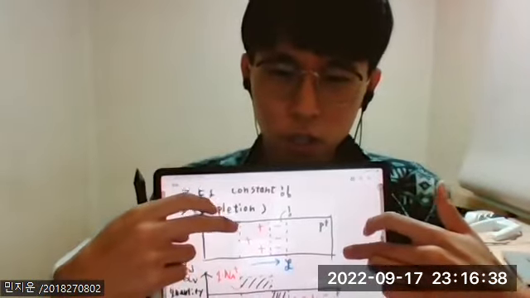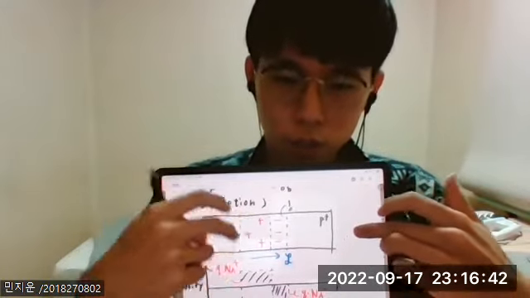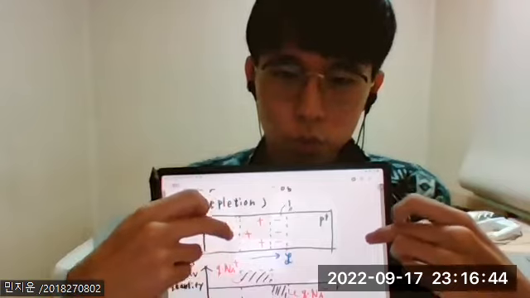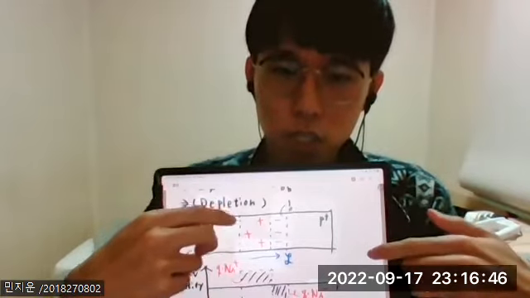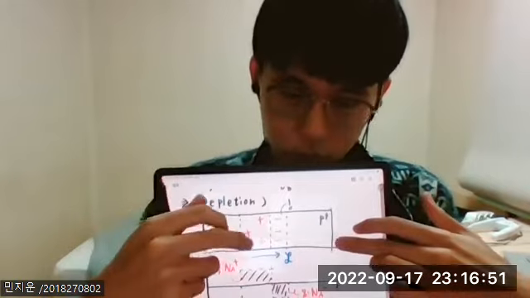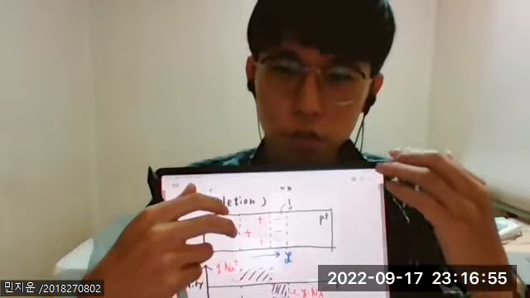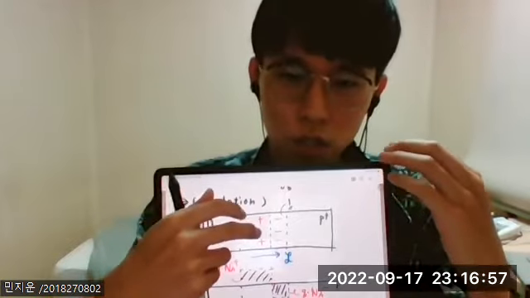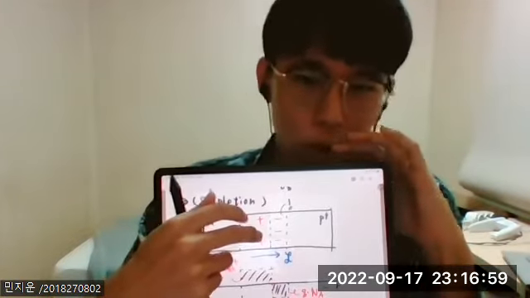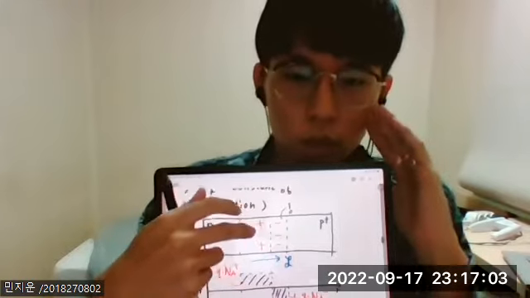In this region, there are hardly any electrons. So we call this region a depletion region. Also, in this region, there are just ionized dopants like phosphorus and boron.